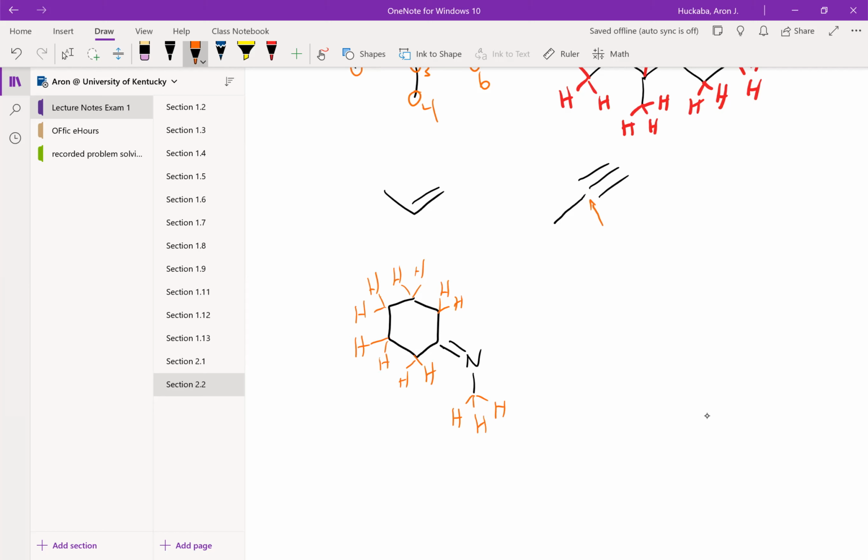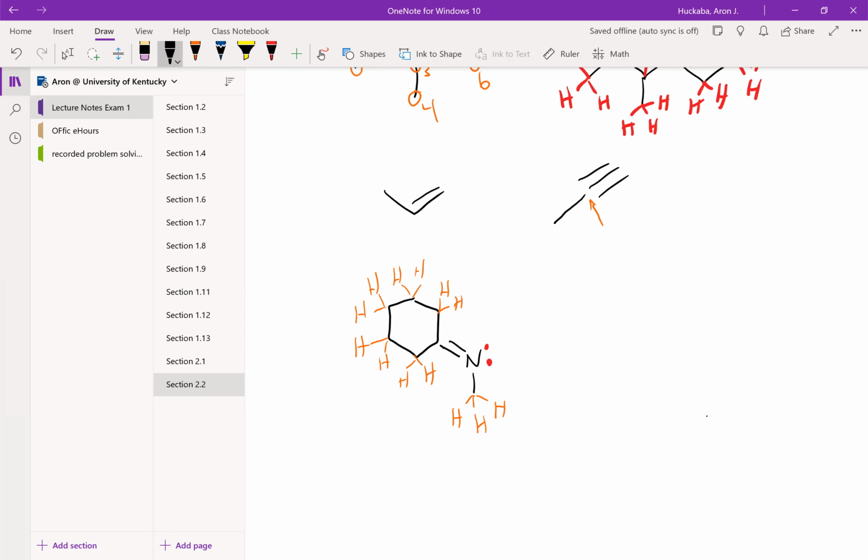If you see lone pairs in a bond line drawing, that is uncommon. Sometimes they are given, but sometimes they are not there. So you always need to remember to do your valence bond count each time to determine what the lone pair should be on a molecule, because this nitrogen has a lone pair of electrons here.